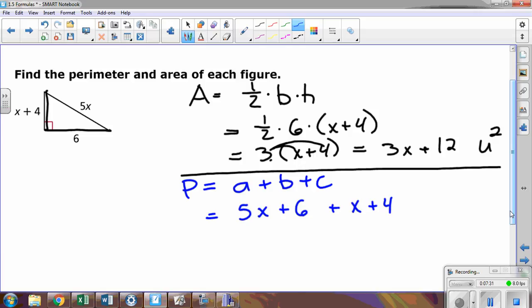When we combine our like terms, 5x plus x equals 6x. 6 plus 4 gives us 10. And we're done. We cannot go any further because we don't know the value of x.